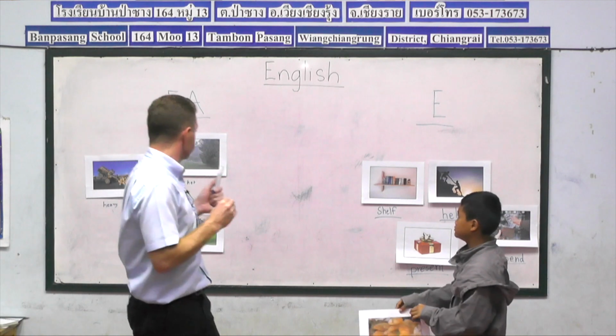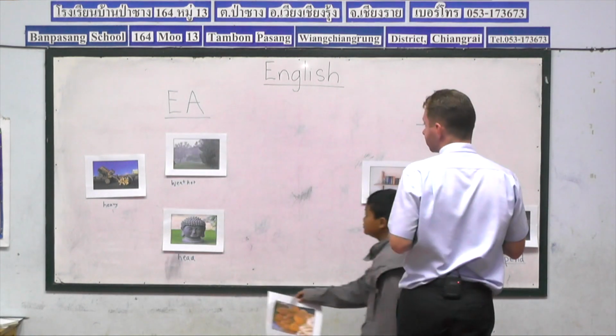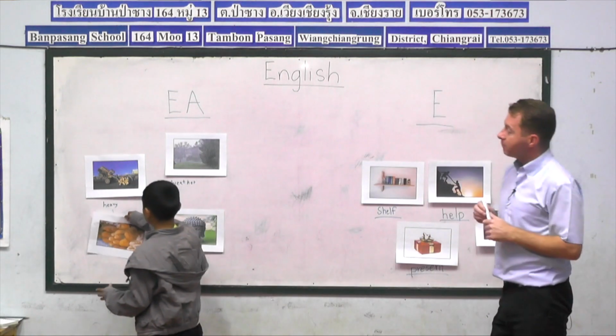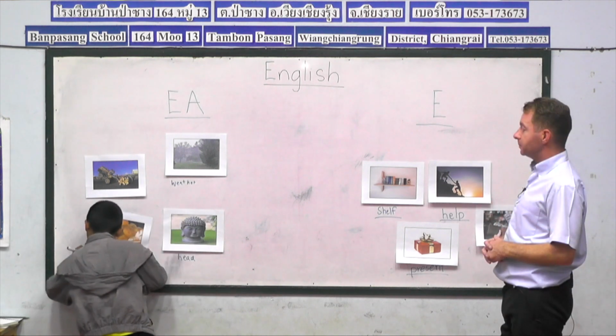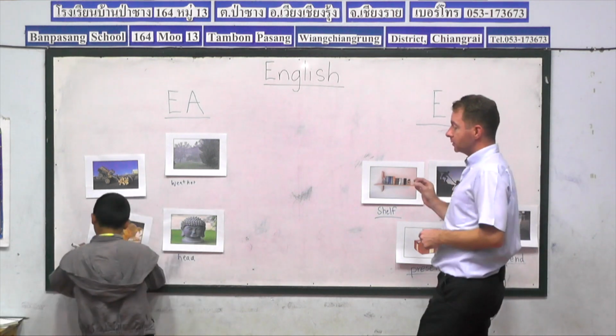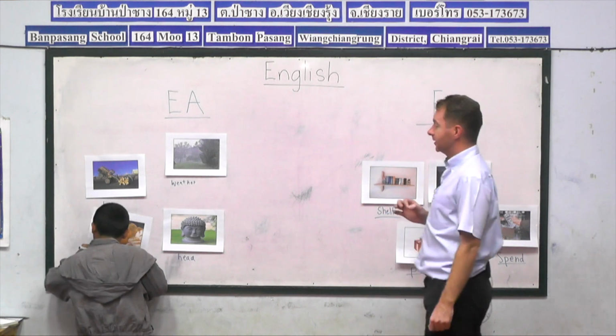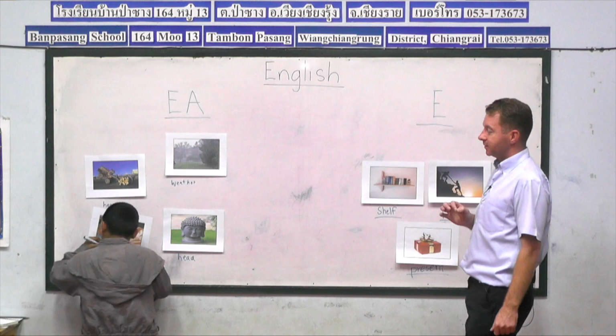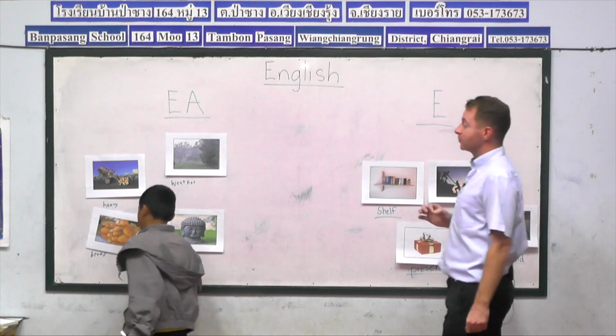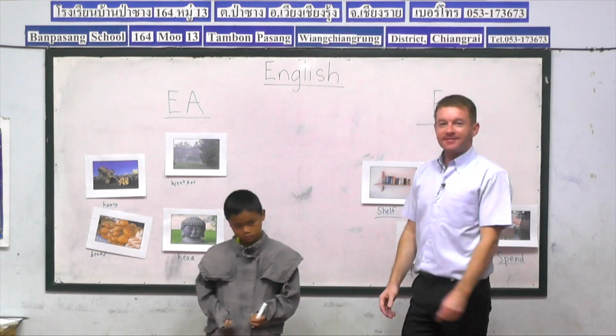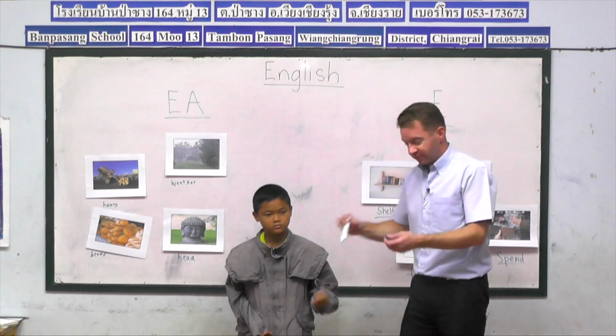So Chew, you can place it on the correct part of the board. Brilliant. B-R-E-A-D. Excellent. So the word that Chew has spelled, bread. Okay, well done, Chew.